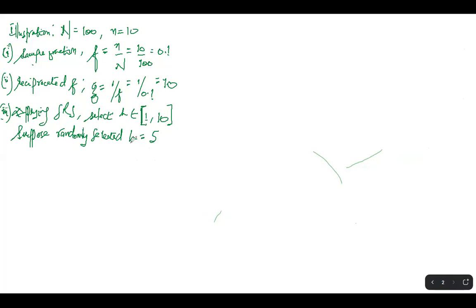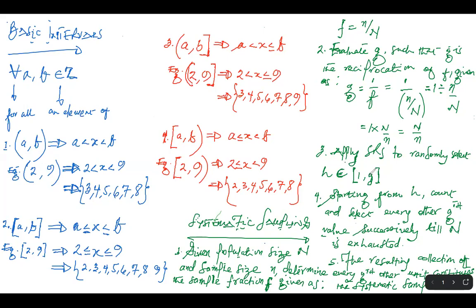So then, step 4: starting from number 5 in the population, let's go back and look at the steps. We've come all the way up to number 3. We're saying that starting from H, count and select every gth other value successively till N is exhausted. So what does it mean?